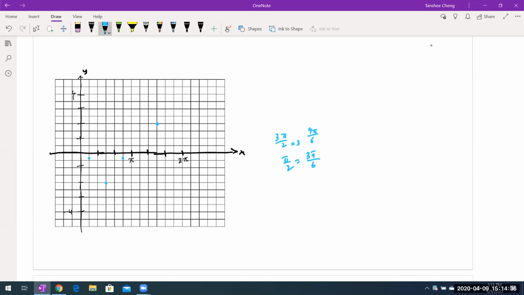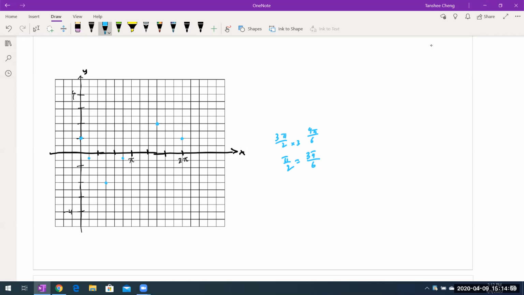So when I plug in 0, my cosine squared will give me 1. My sine will be 0. So therefore, we get 1, starting at this point right here. And when I plug in 2 pi, it will be the same point. Okay, so I have those two extra points that help me start and end.